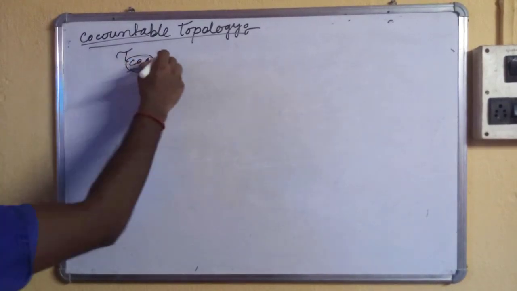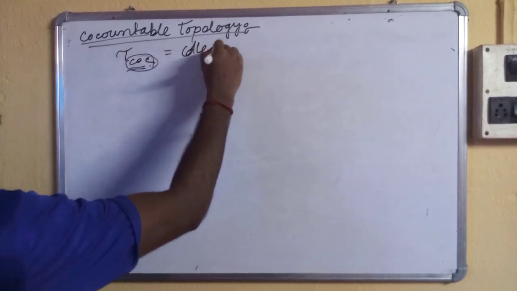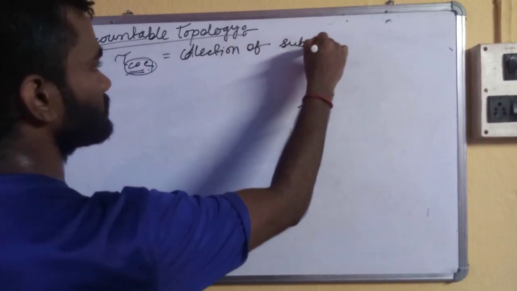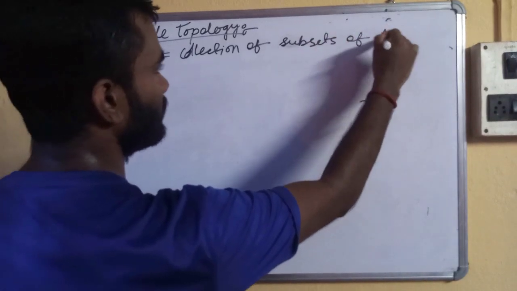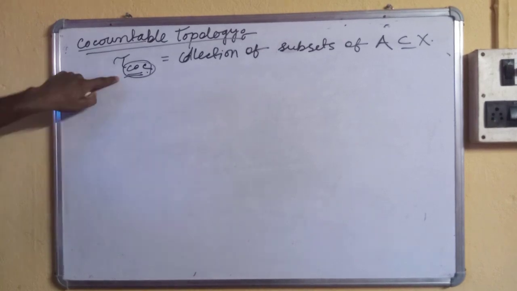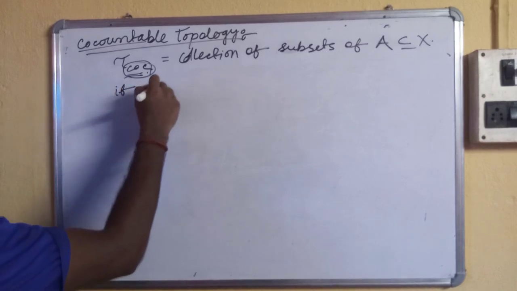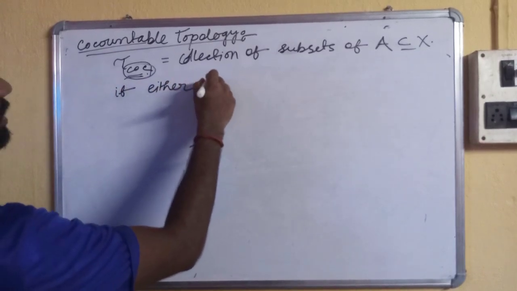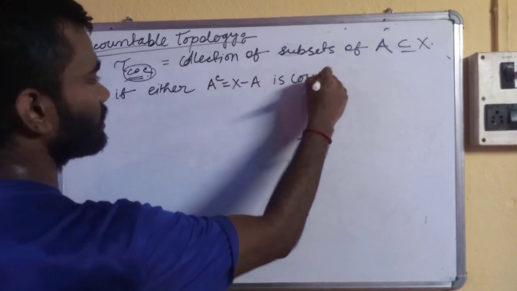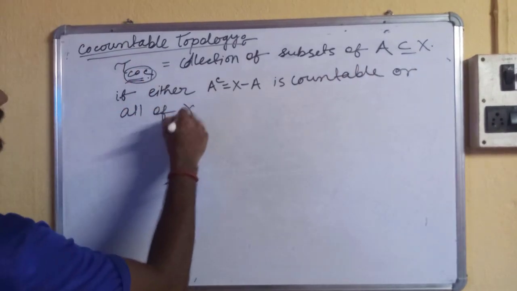Similarly, tau coc is the collection of subsets of A, where A is any arbitrary subset of x. We say this is co-countable if either A complement, that is x minus A, is countable or all of x.